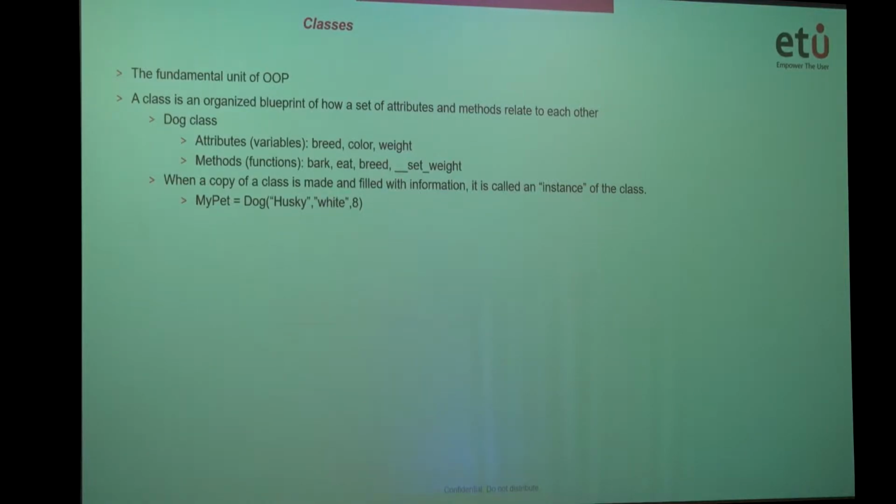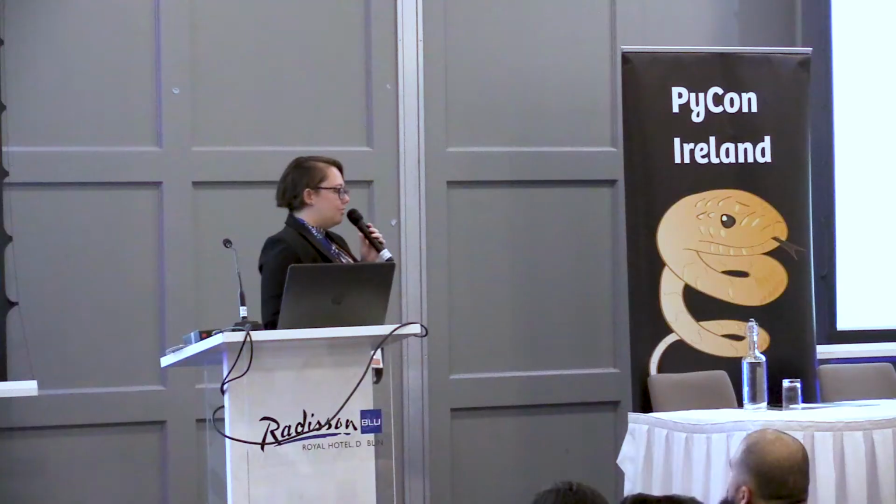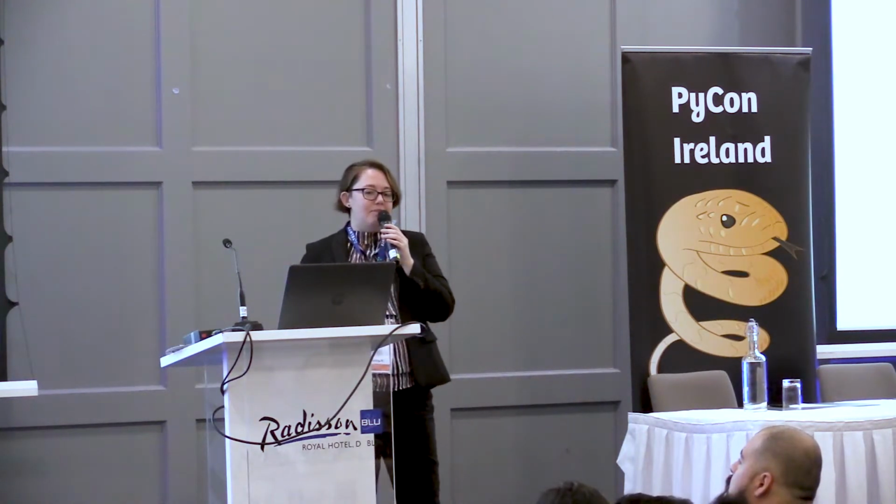So classes are the fundamental unit of object-oriented programming. So a class is essentially a predetermined structure that you set up that combines attributes, which outside of OOP we call variables, and methods, which are functions. And it essentially hard codes the links between different attributes and the ways that those attributes interact with methods.